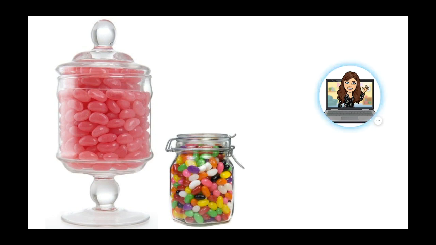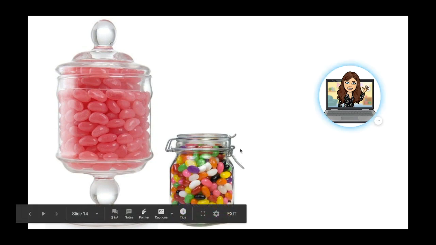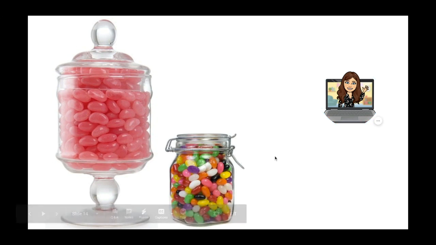That's right, friends. We would say that it holds less. And friends, what if it was 2 identical jars of these rainbow jelly beans? What would we say about those 2 jars and their capacities? That's right, Cubs. Good job. We would say that those 2 identical jars hold equal amounts of jelly beans.